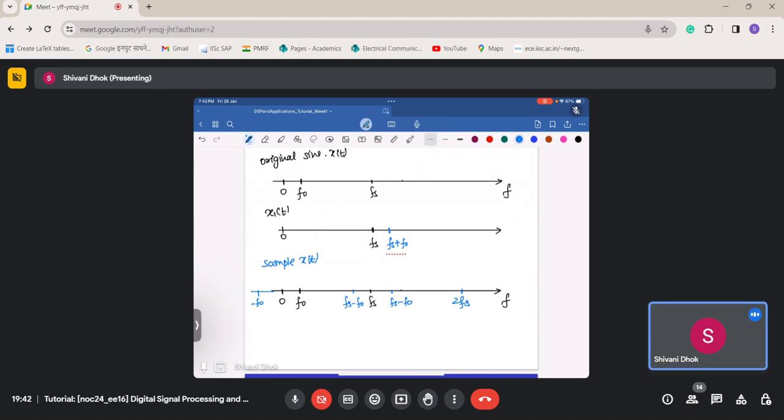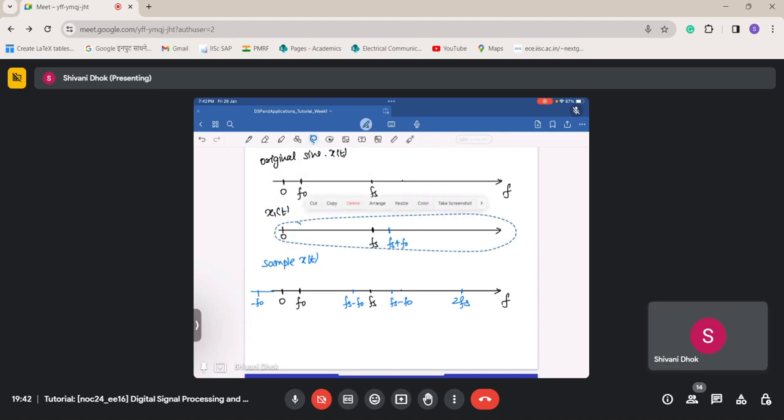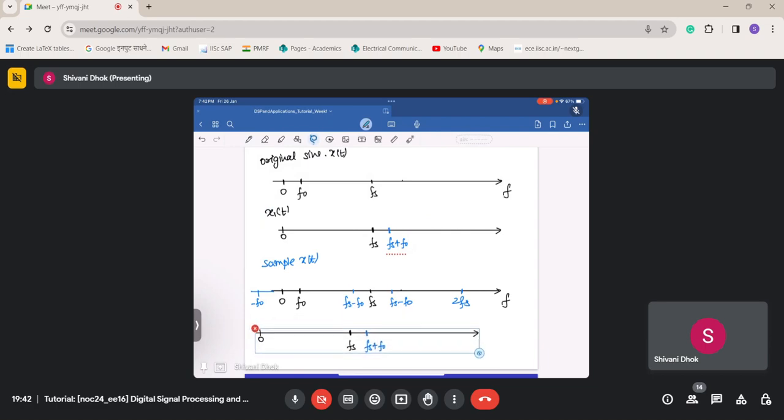Now again, if I sample this x1(t) at fs sampling rate, the original will be present.